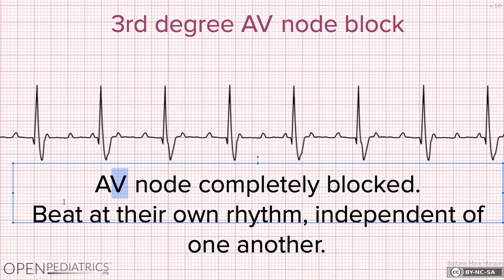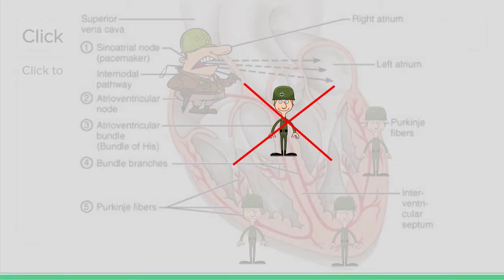What this means then is that the atria and the ventricles are each going to be at their own rhythm, independent of one another. They're not talking to each other at all. So in third degree block, this little guy is completely stopping the signal. What's happening up here is completely independent from what's happening up here. They're not connected at all.